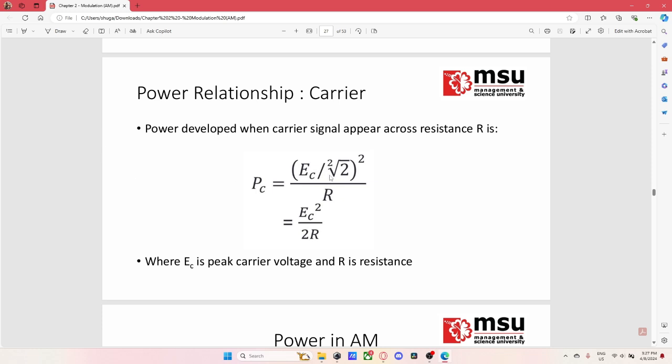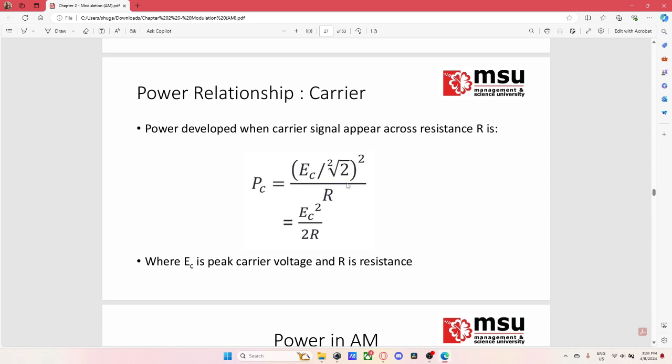It is, I would not say it is difficult, but if we see it in a simpler way, you should understand how to find the power. Power develops when the carrier signal appears across resistance R. So this is your equation for power for carrier: PC is equal to EC square over 2R.